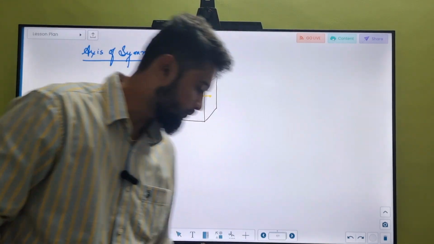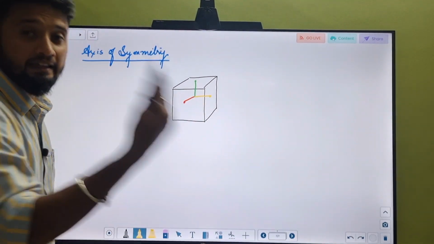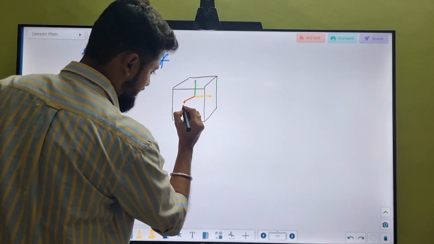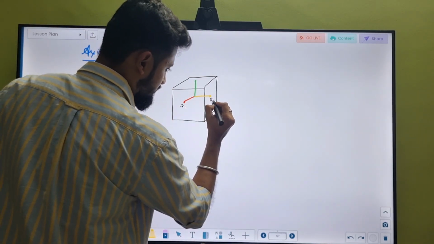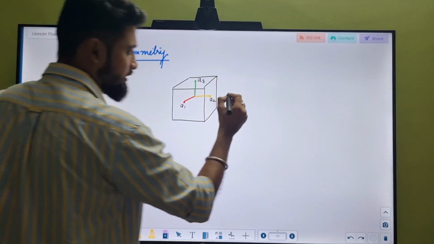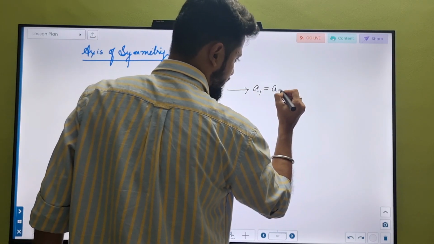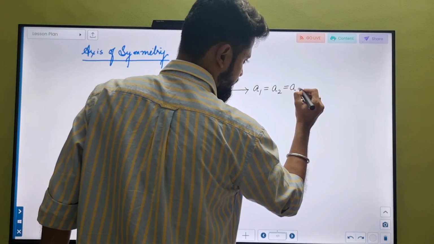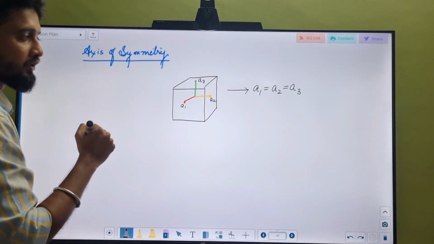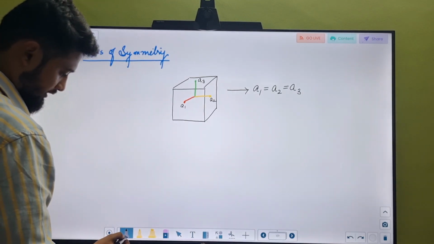So what's happening here? These axes are cutting the face at an equal distance. Then we can name them A1, A2 and A3. So here the condition will be A1 equals A2 equals A3 in the condition of a cube.